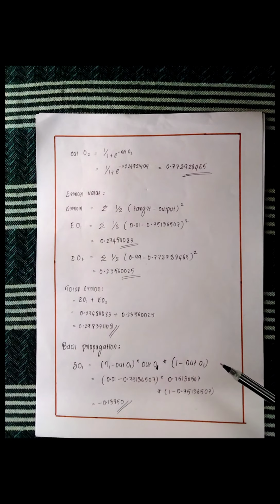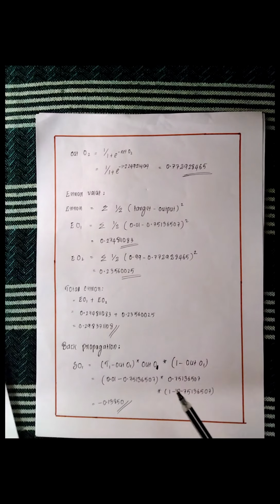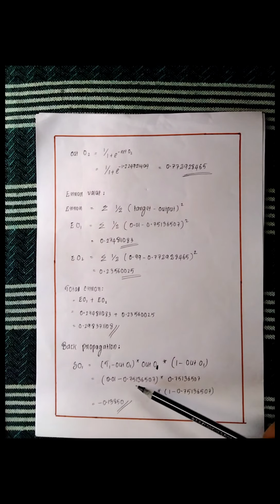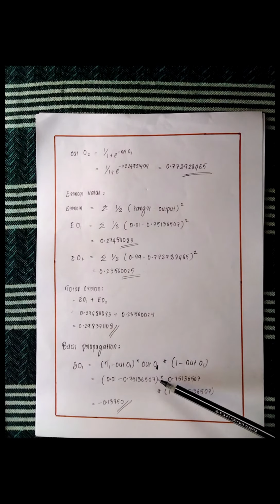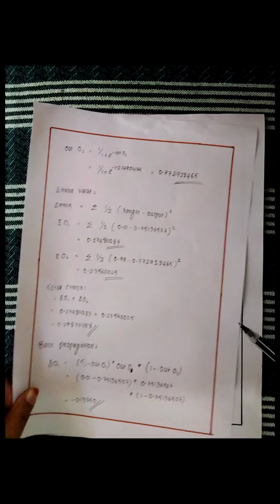We know the target value of output 1 is 0.01, so 0.01 minus 0.75136507, into 0.75136507, into 1 minus 0.75136507, which is equal to negative 0.13850.